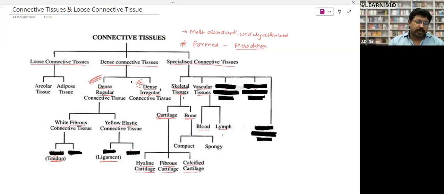Dense connective tissue is dense regular, with a regular pattern of fibers, and dense irregular, where the pattern is not fixed. Specialized tissues are skeletal tissues, meaning bones and cartilage, and vascular tissues, blood and lymph.